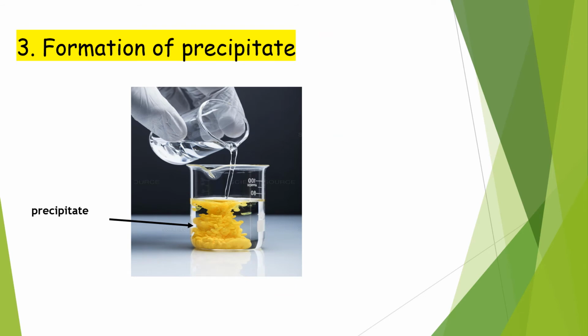In this video, upon mixing these two colorless substances, we observed the formation of a new substance that is solid. Then we observed that this solid substance settled at the bottom of the beaker, so we call it a precipitate. The third evidence is formation of a precipitate.